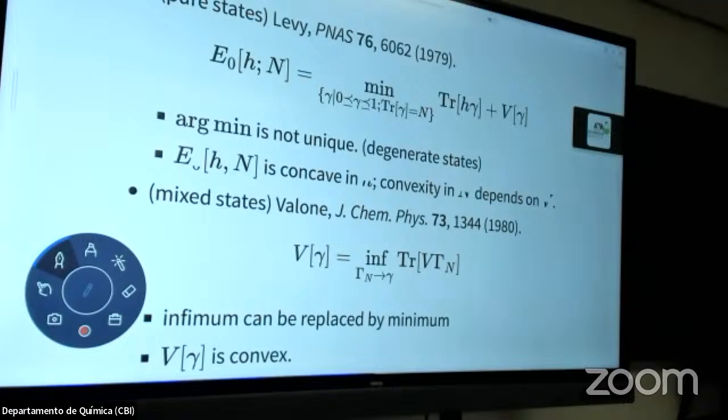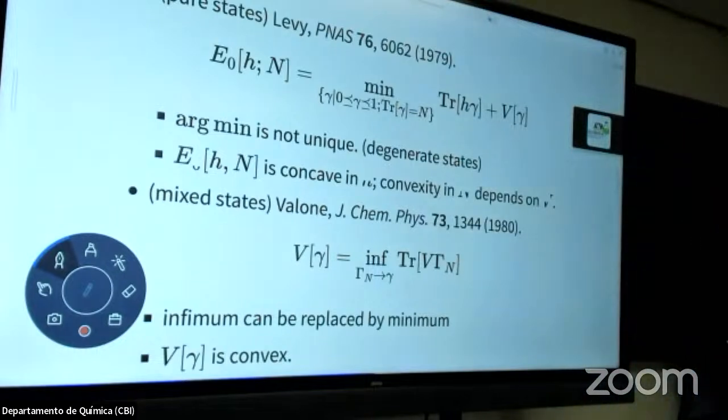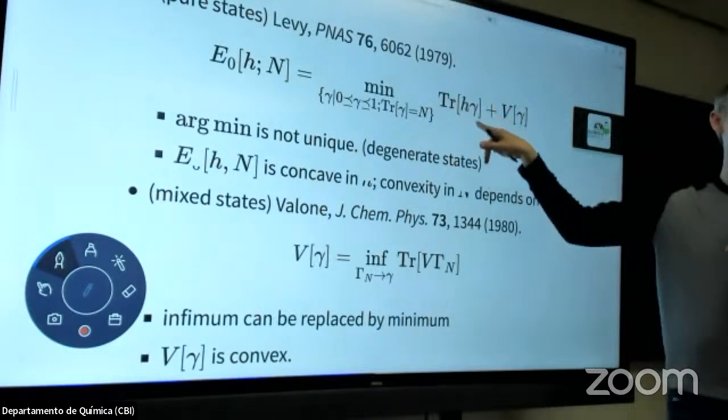I don't care what your electron-nuclear operator is. I don't care if you have relativistic terms in your kinetic energy, does not matter to me. As long as you tell me the electron-electron operator, this density matrix is enough, right? And this piece of the energy, we calculate exactly.